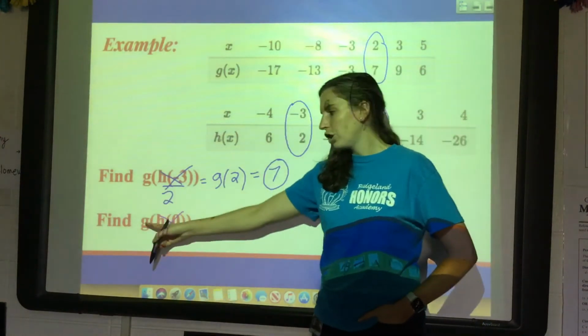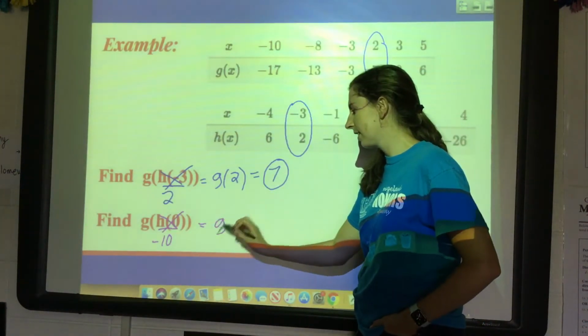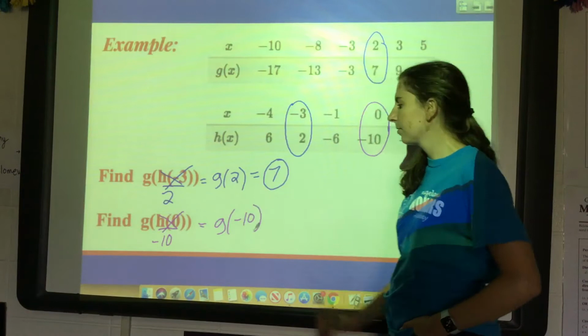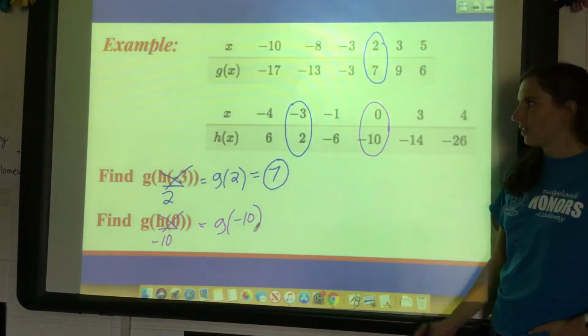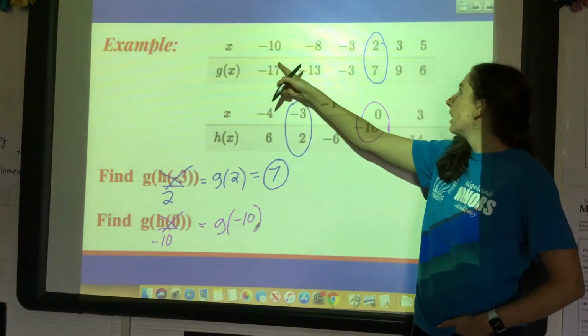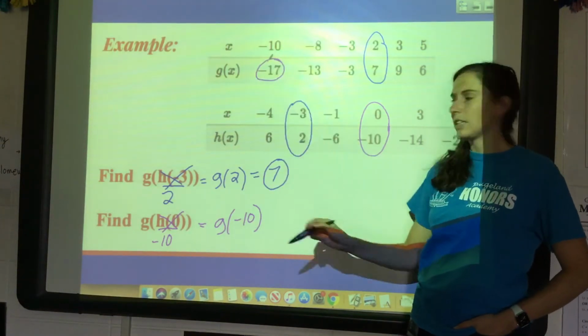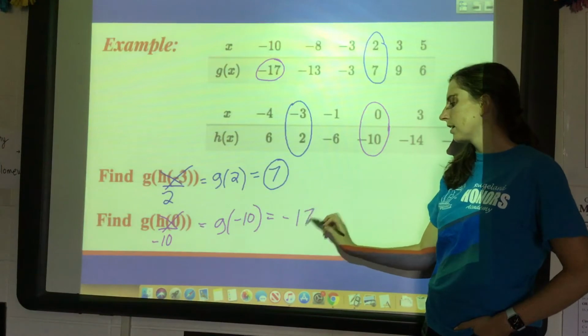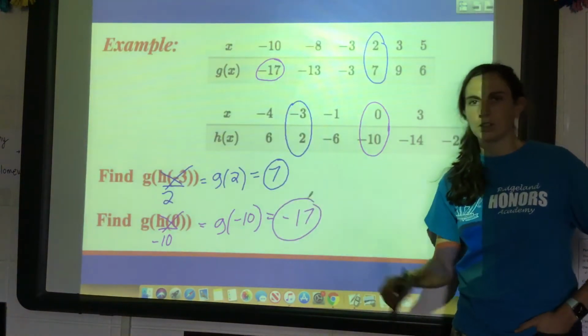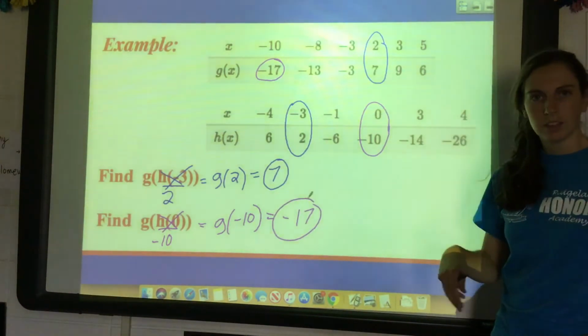Now I'm doing g of -10. So go find the g function, go to where the input is -10, and see what the output is, -17. There we go. I like tables. You don't have to do that much work. You just go look up the numbers.